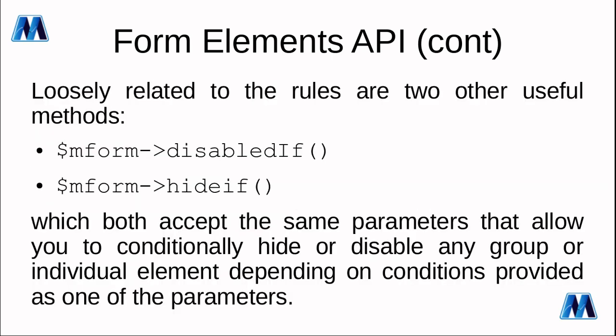Okay. So loosely related to applying rules are the disabled if and hide if methods. These basically allow you to disable or hide an element in the form based on another element and its value, so you can conditionally hide or disable field values.